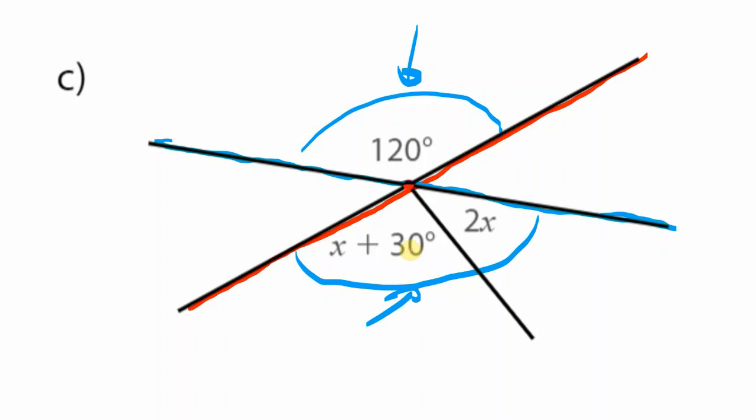We know vertical opposite angles are equal. So we can therefore in fact say x plus 30 plus 2x must equal 120 degrees. So x plus 30 degrees plus the 2x equals the 120 degrees.